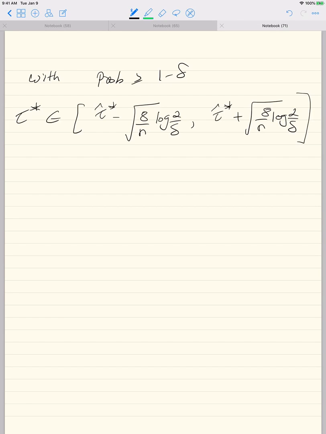So we can easily compute confidence intervals in this case and then use this to reject the independence hypothesis and so on.